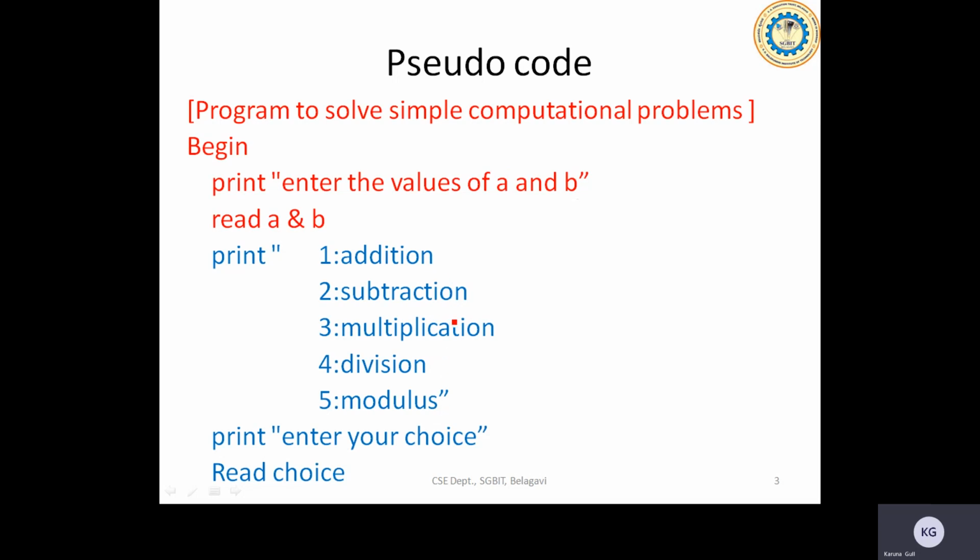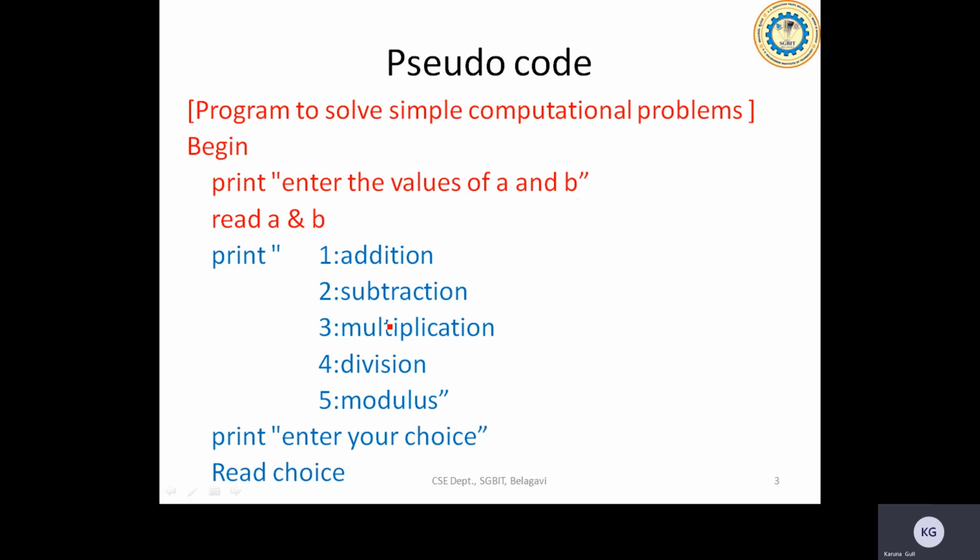For that, first we'll display the menu, and according to the menu, we'll take up the case values. Case 1 stands for addition, which will add two numbers. Case 2 deals with subtraction, and case 3 deals with multiplication. Case 4 talks about the division operation.